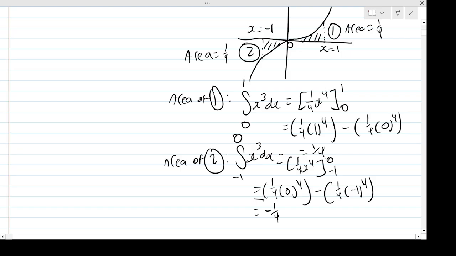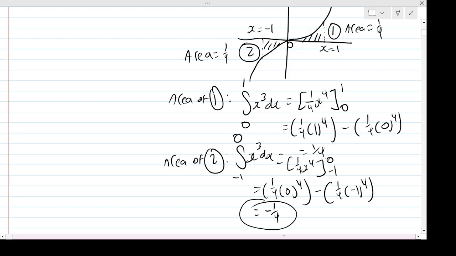But you need to pay attention to the sign. If you just integrate, if it's underneath the axis right here, then it will give me a negative result, which, well, can happen, but area shouldn't be negative, so we need to pay attention to that. So you need to bear that in mind.